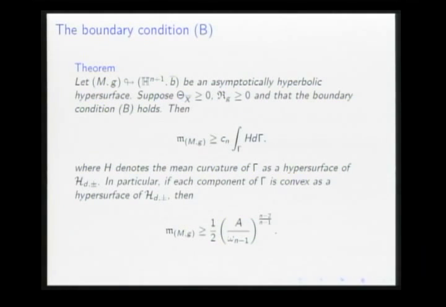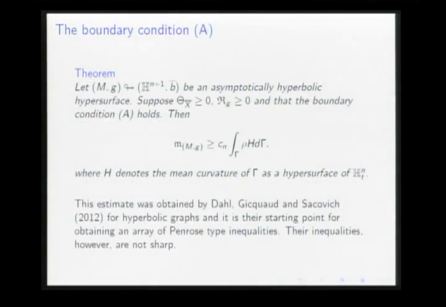So in the first case, we get something just like we did before. Remember that the horosphere intrinsically is just Euclidean space. So you can do this just like Lam did, and get a Penrose inequality in this case. The other case is different.